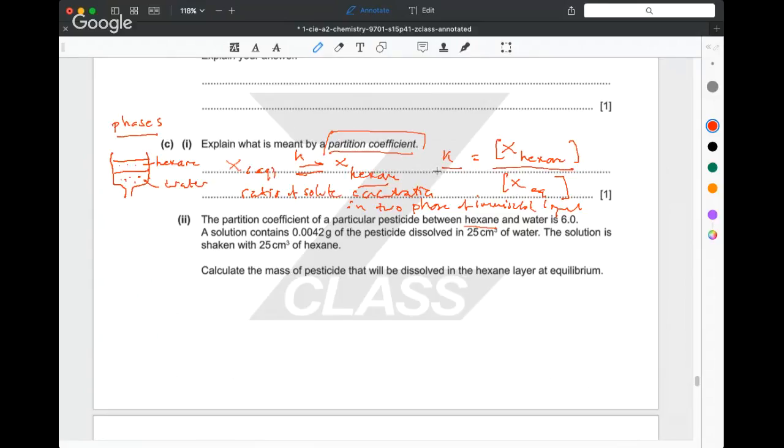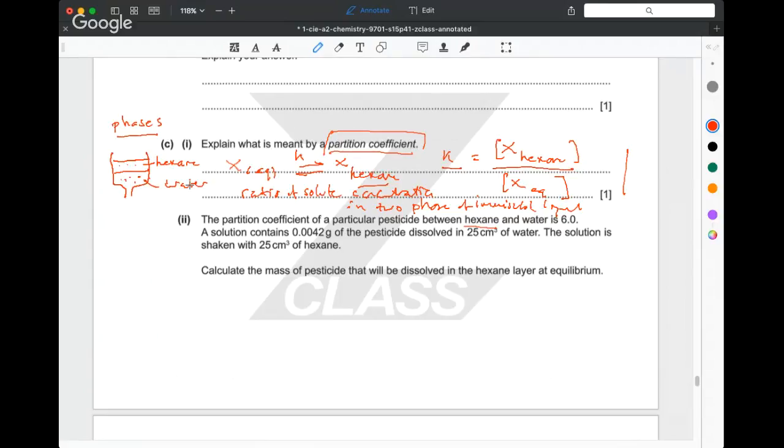The partition coefficient is just the equilibrium constant of the concentration of the solute in the two different phases. So that's what you're trying to say there. And the mark scheme, I think, just asks you to explain that the partition coefficient was the ratio of the concentration of the solute in each of the two solvents. So those two phases there. Okay, now we've got an insecticide, or pesticide is it?